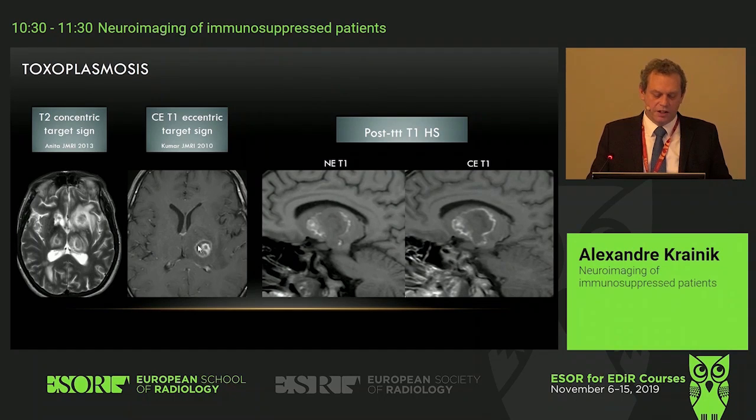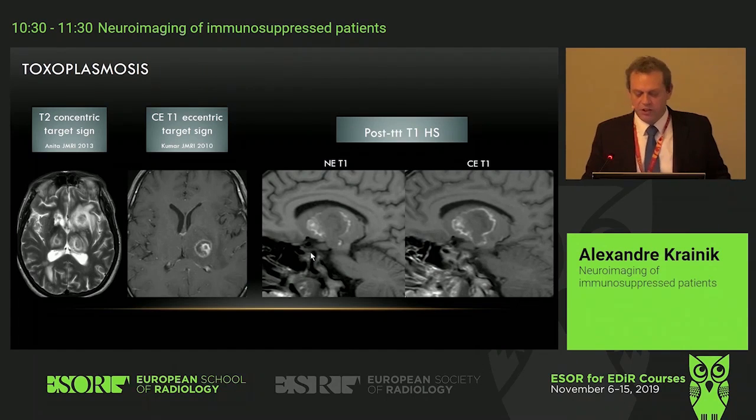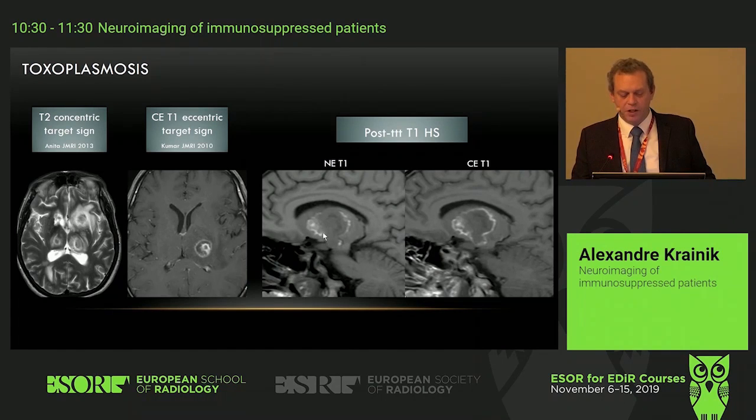You see the darkest content of the central part of this little abscess, and within this content, you have a little enhancement like a small target. And outside, again, you have a peripheral rim of enhancement. Also, another striking feature is that after treatment, you may observe a spontaneous hyperintensity on T1 before any contrast injection, related to lipid storage.